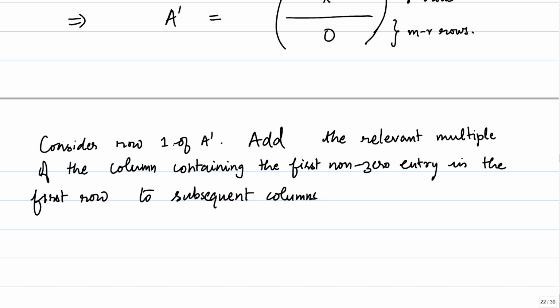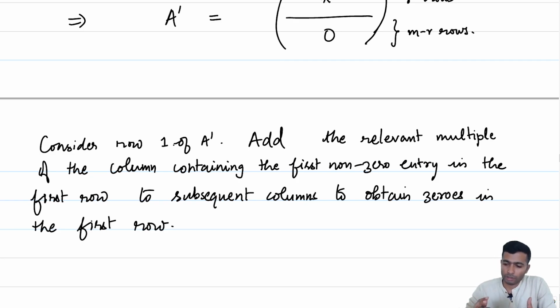For example, to obtain zeros in the first row, if the first row has 1 in the 5th column, then for the remaining columns up to n, you subtract A1k for k greater than 5 times the 5th column, and then all the entries after the 5th column will be 0.